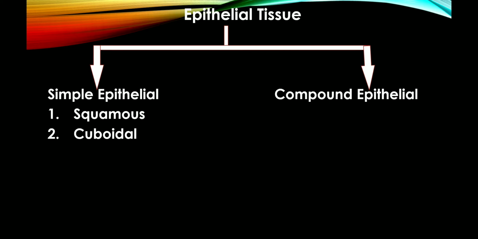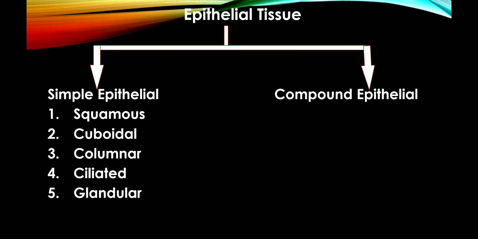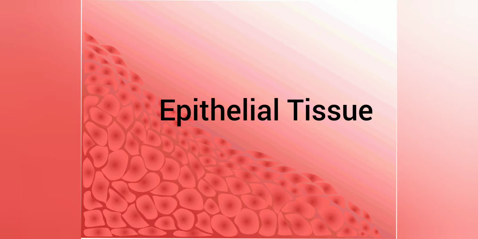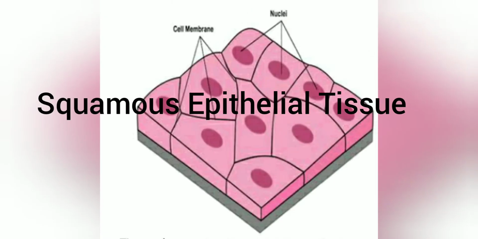Then you have cuboidal epithelial tissue, then columnar epithelial tissue, ciliated epithelial tissue, glandular epithelial tissue, sensory epithelial tissue, and germinal epithelial tissue. Today we'll only study about simple epithelial tissues. So let's start with the first one. The first simple epithelial tissue is squamous epithelial tissue.